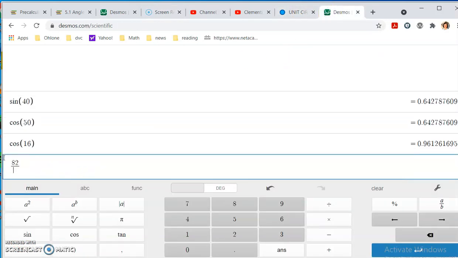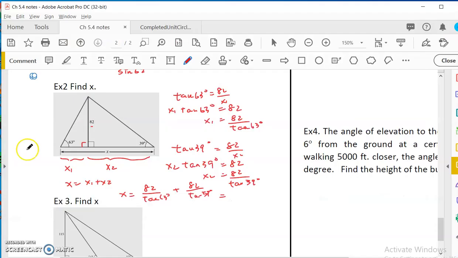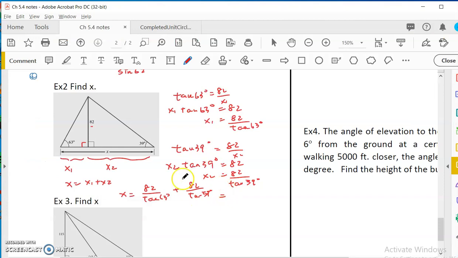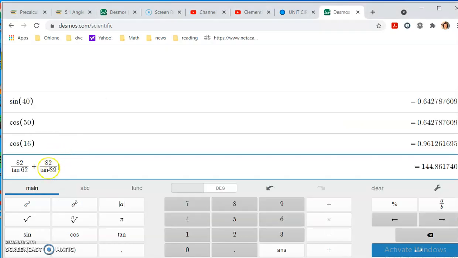So 82 divided by tangent 63, in degrees, right? Plus 82 divided by tangent 39.